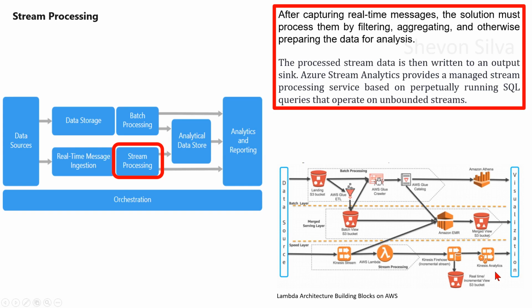For the serving layer, we recommend using Spark streaming on an Amazon EMR cluster to consume data from Amazon Kinesis data streams from the speed layer.